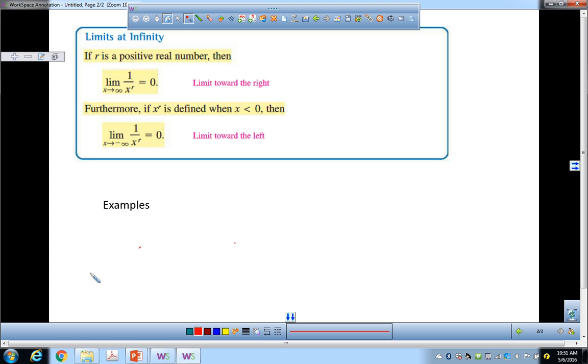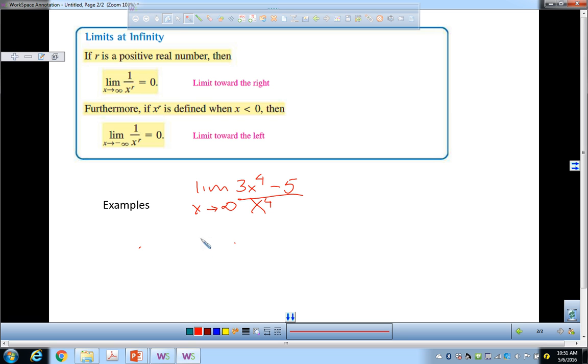For instance, okay, say they ask you to find the limit of 3x to the fourth minus 5 over x to the fourth as x goes to infinity.